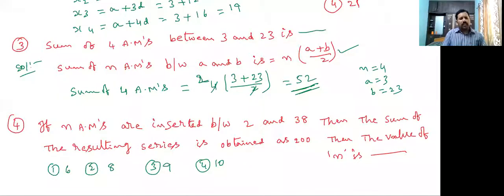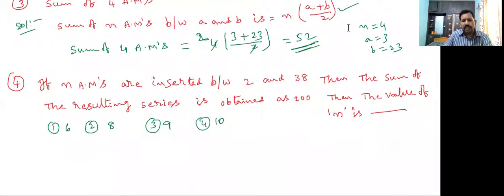Carefully, if n arithmetic means are inserted between 2 and 38, then the sum of the resulting series is obtained as 200. Then what is the value of n?